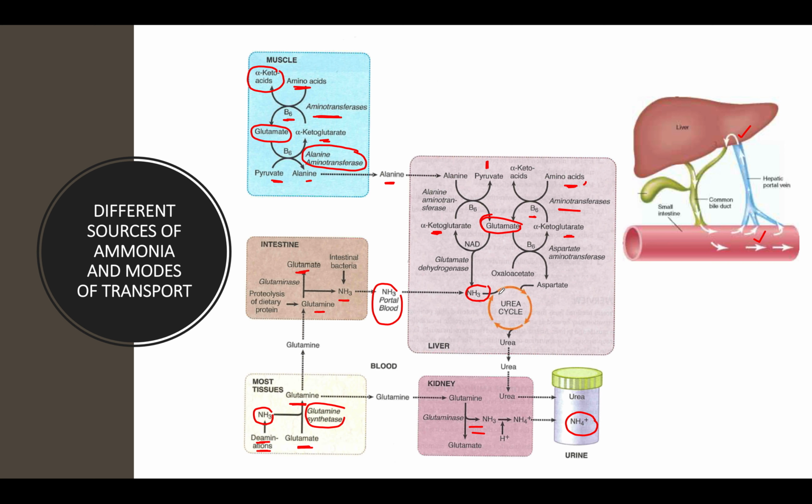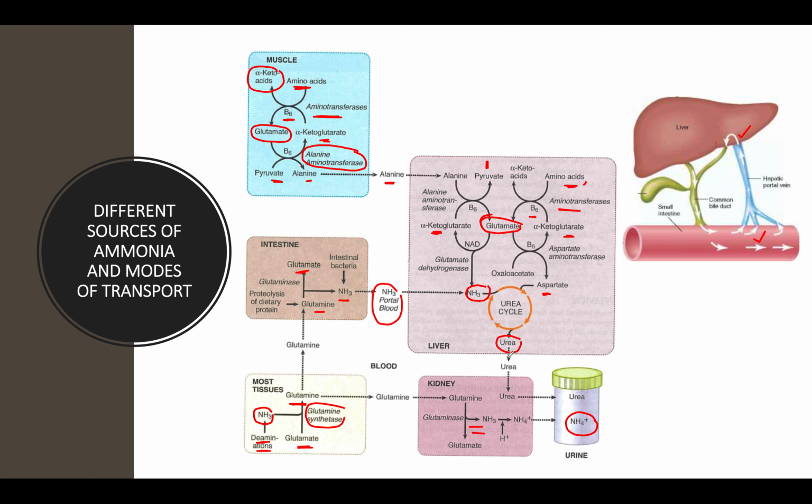This ammonia then goes into the urea cycle. So you have now received ammonia from various parts of the body. So this ammonia now goes into the urea cycle, and the aspartate that is produced from glutamate in the presence of oxaloacetate also goes into the urea cycle, leading to the production of urea.